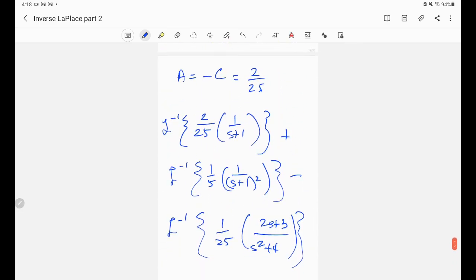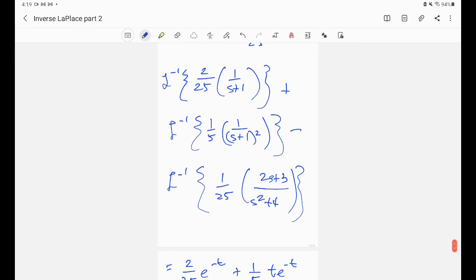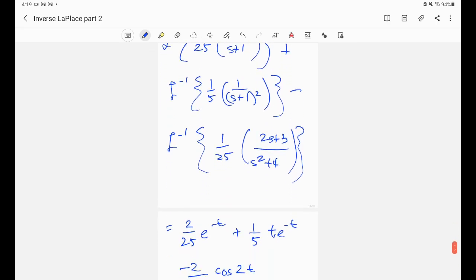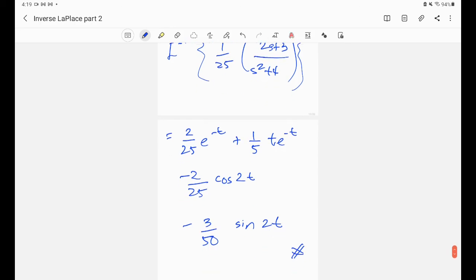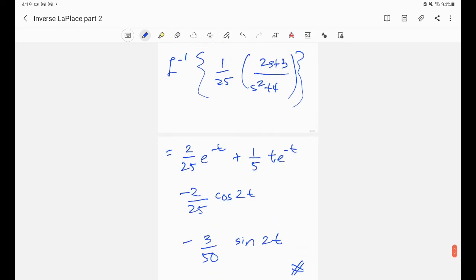So once you have the A, B, C, D's, each of the numerators can be easily changed using the inverse Laplace table directly.